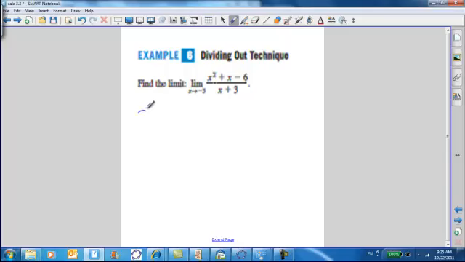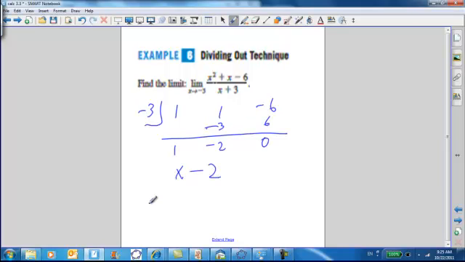So let's use our synthetic substitution to look at a function very much like this, the reduced function: negative 3, 1, 1, negative 6, and this basically reduces down to x minus 2. So it's a limit as x goes to negative 3 of x minus 2. That's just negative 3 minus 2, which is negative 5.